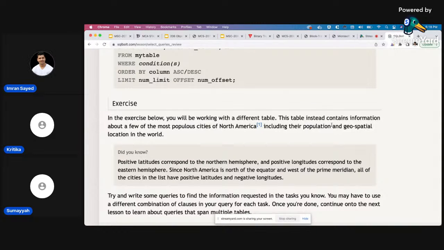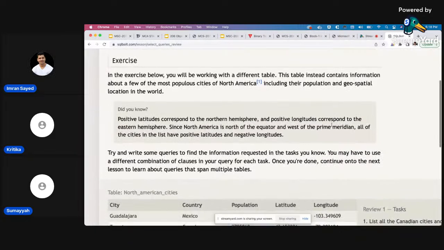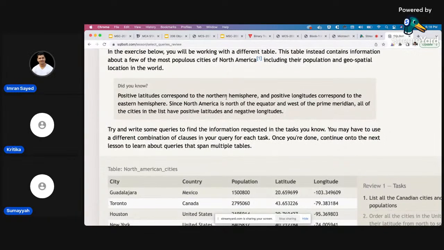The table contains information about the most populous cities of North America, including their population, geospatial location, etc. Positive latitude corresponds to the northern hemisphere, and positive longitude corresponds to the eastern hemisphere, so it's going to be a bit confusing. Since North America is north of the equator and west of the prime meridian, all of the cities in the list have positive latitudes and negative longitudes. Try and write some queries to find the information requested. You may have to use a different combination of clauses in your query.